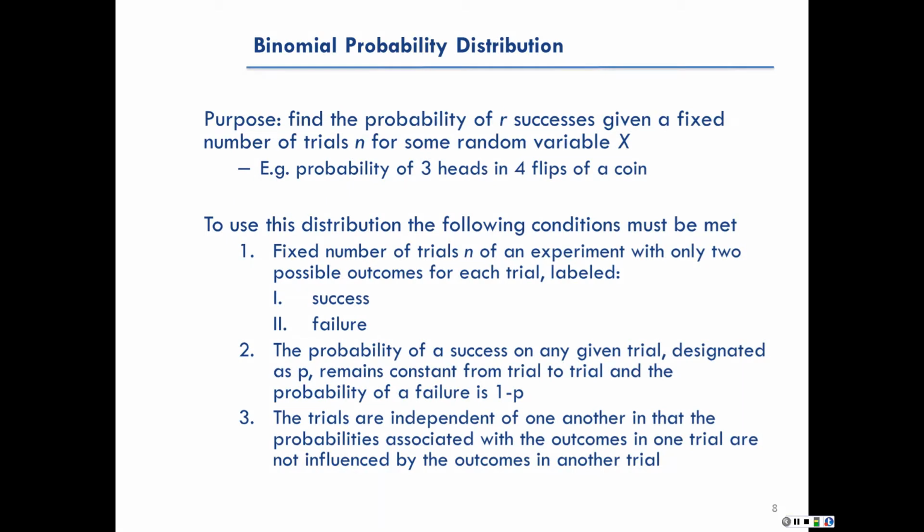The third condition that must be met is that the trials are independent of one another, in that the probability associated with the outcomes in one trial aren't influenced by the outcomes in another trial. So when you flip a coin a second time, it doesn't matter what you got the first time; the probability is going to be the same that you're going to get heads in the second flip.